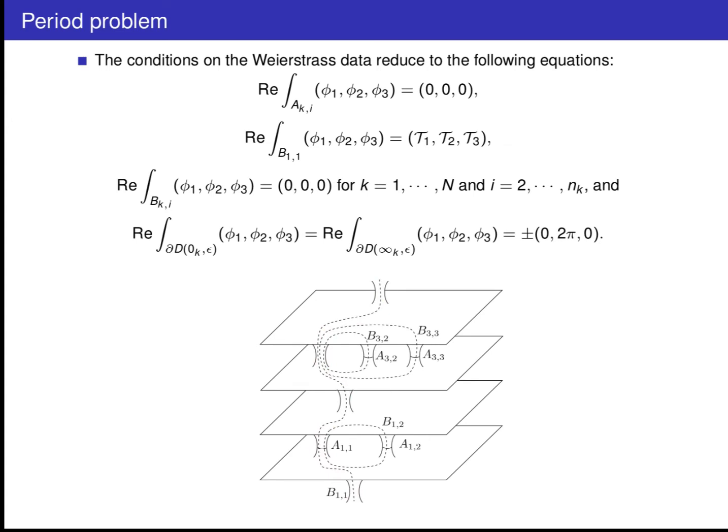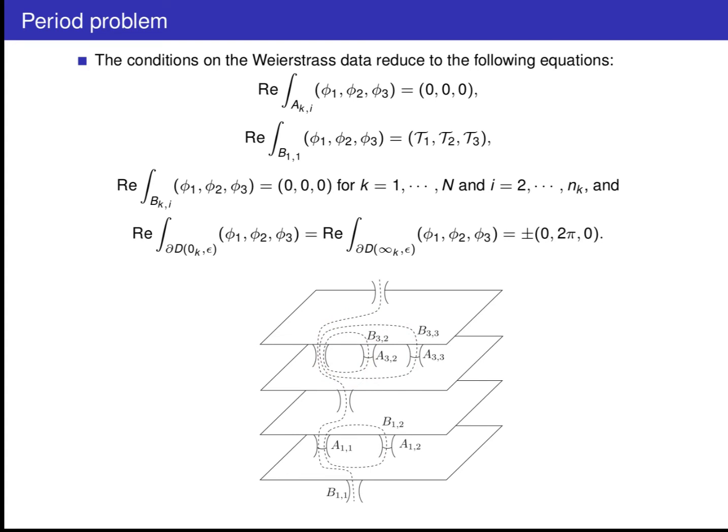So geometrically, obviously, we're going to want the real parts of those A_ki periods to be 0. The B11, when we integrate along that curve, we want to get our period vector, the (τ1, τ2, τ3).